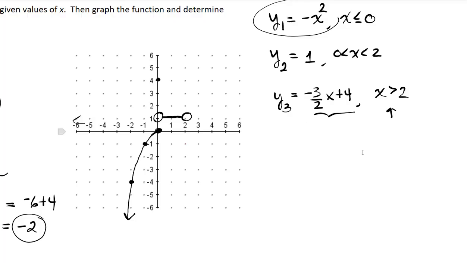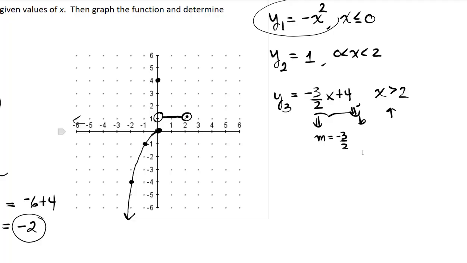So starting with 0, 4, the y-intercept, the slope there is negative 3/2, which is defined as rise over run. So we're going to go down 3 units from the y-intercept and then run 2, which gives us this point right here.